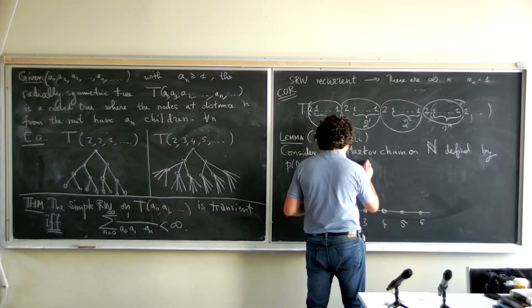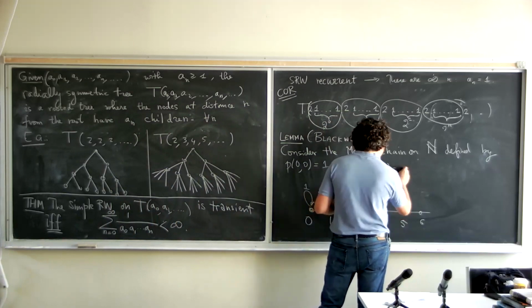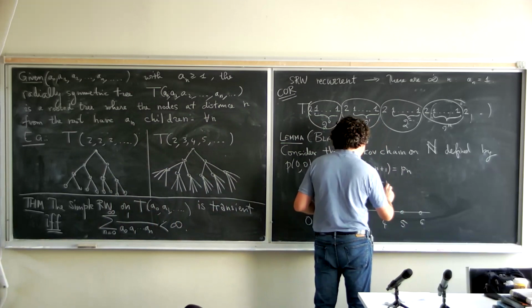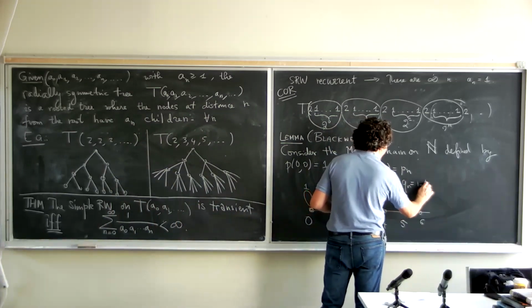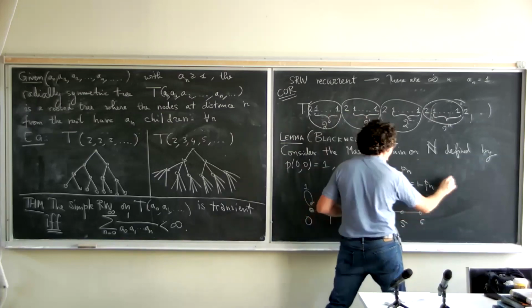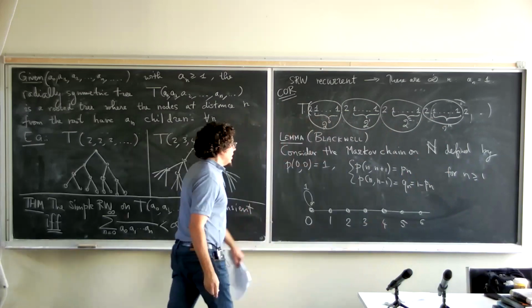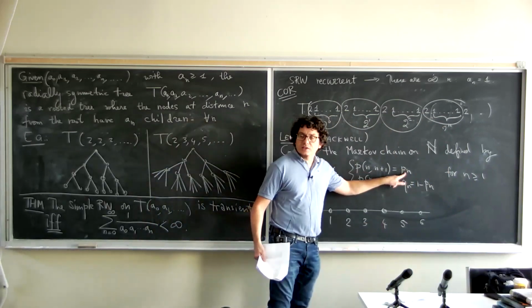So the probability of going from n to n plus 1, we call it Pn. And the probability of going from n to n minus 1, we call it Qn, which is 1 minus Pn. So this is for n at least 1. So basically, this Markov chain, you have some numbers.